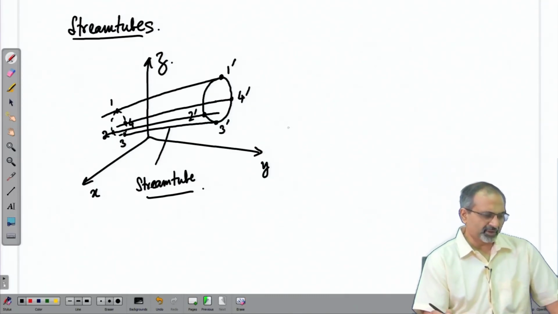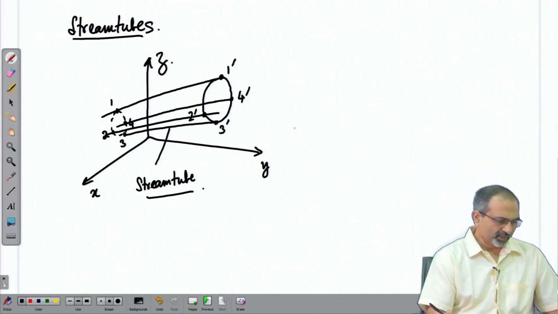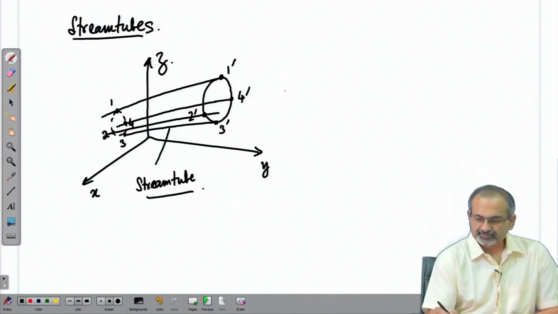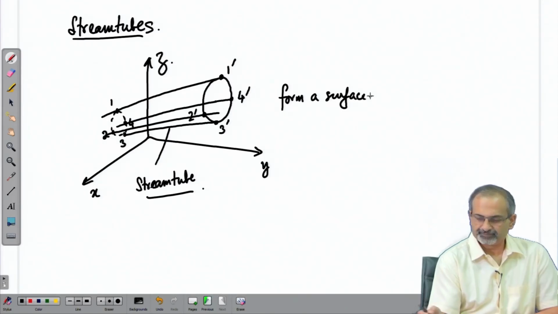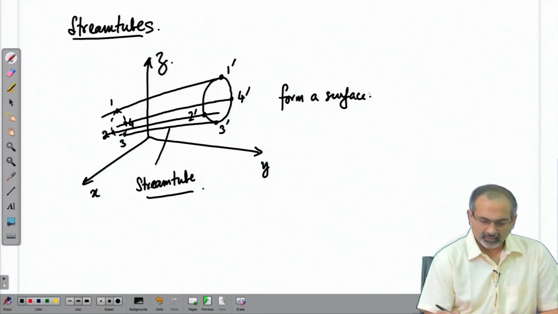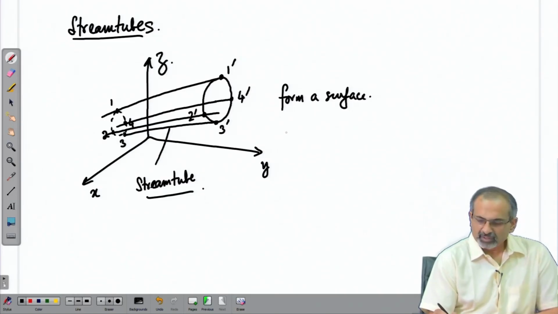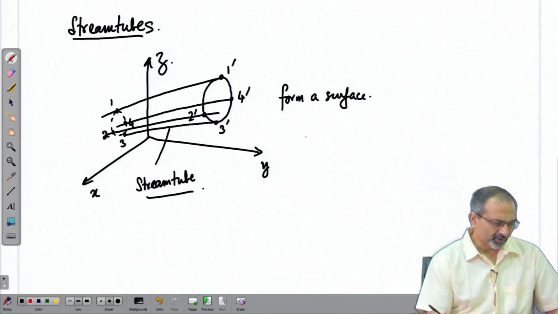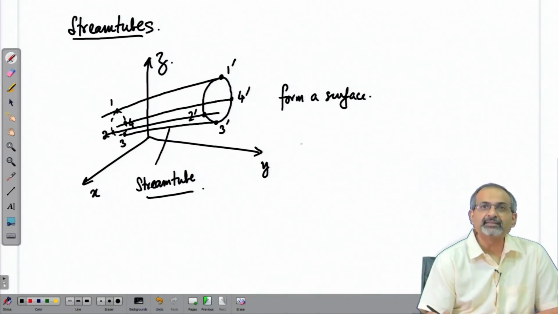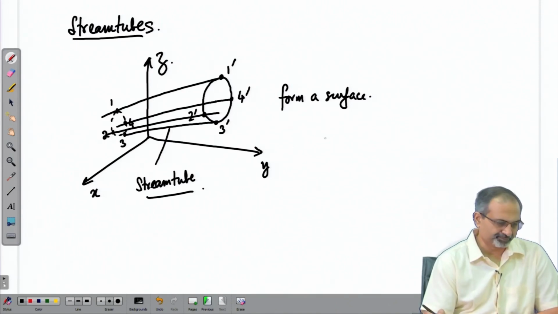So, the streamlines passing through all these points form a surface. And there is no possibility of the flow crossing this surface, because the flow always remains tangential to each streamline.